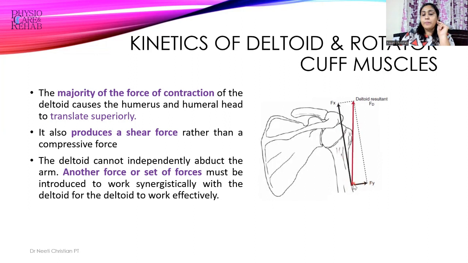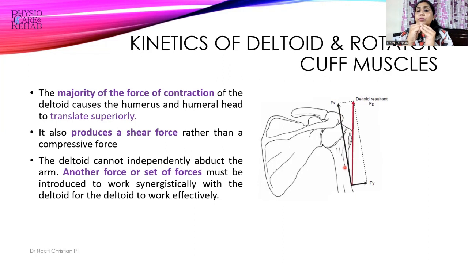When you do abduction, the deltoid will contract and it gives more of a translatory force. That's how it tends to translate the head of the humerus in the superior direction.